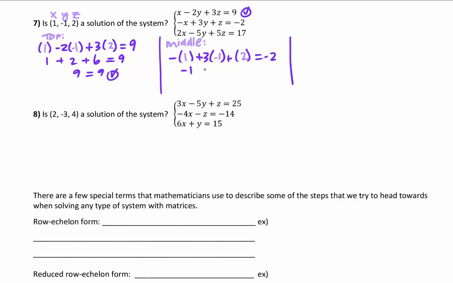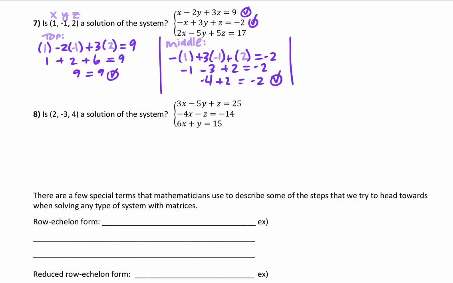If we work out our algebra, that says 1 minus 3 plus 2 equals negative 2. If we have negative 4 plus 2, that indeed does add up to give us what we need. Okay, so we're looking pretty good. Top equation is satisfied by that point, and the middle equation is also satisfied by that point.